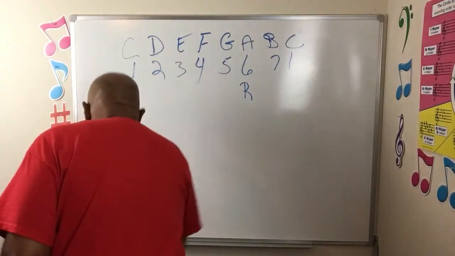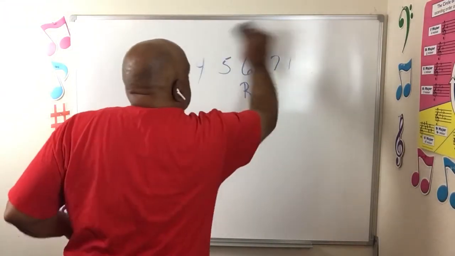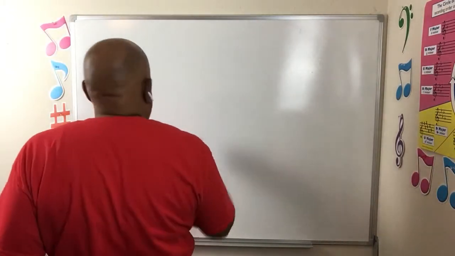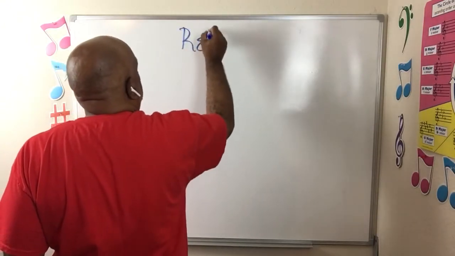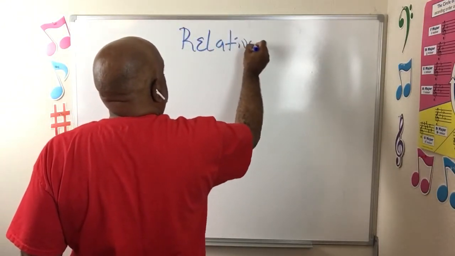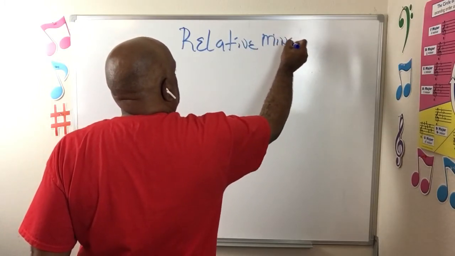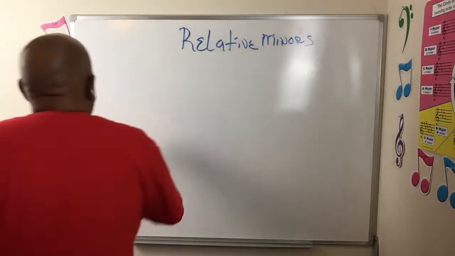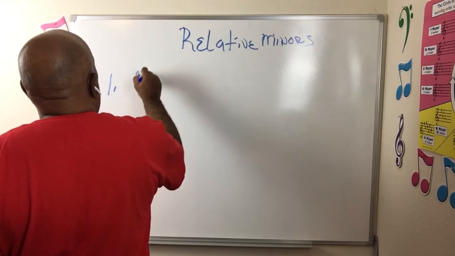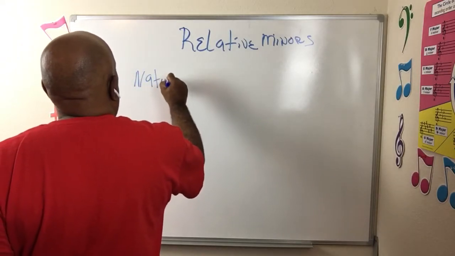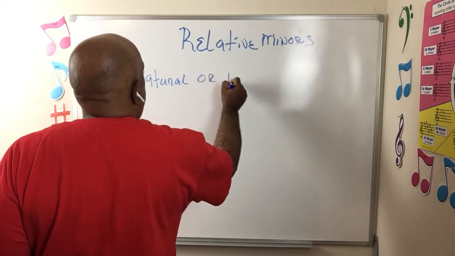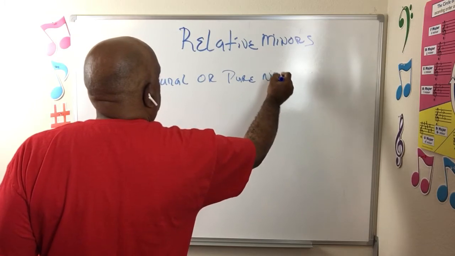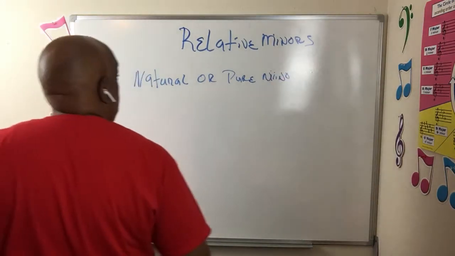All right? So today, we want to deal with three types of relative minors. The first one is the natural or pure minor, and we're going to be discussing each one of them.